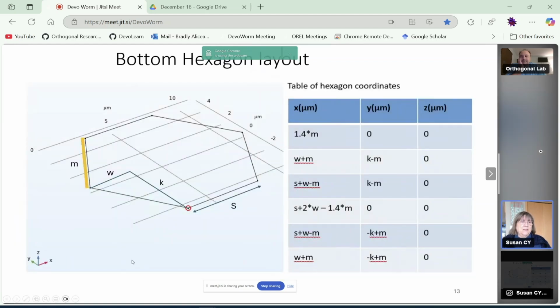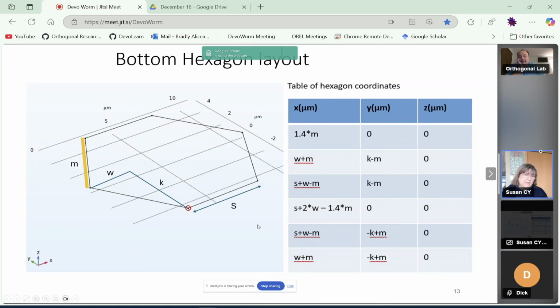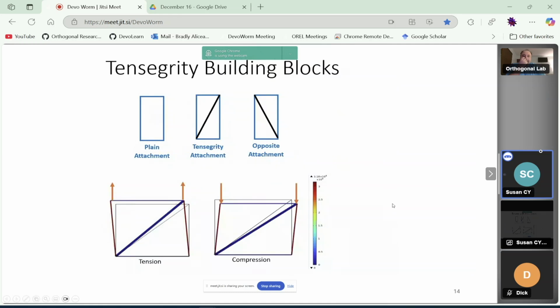I made this out of hexagon tilings, and the bottom of the hexagon has the measures of S, K, and W, and then M. And M is the membrane distance between the cell membrane. And then these are the building blocks.